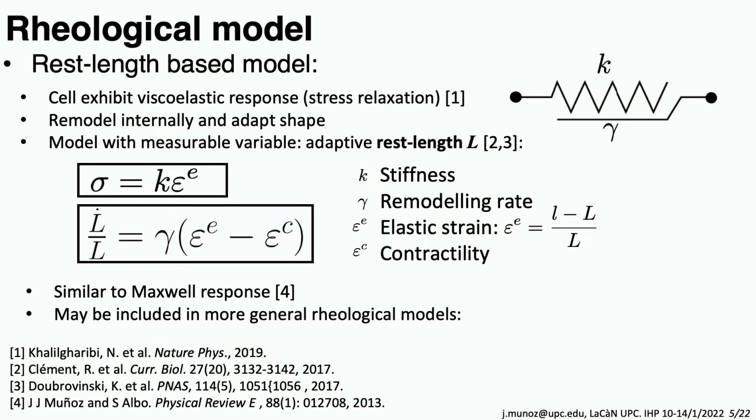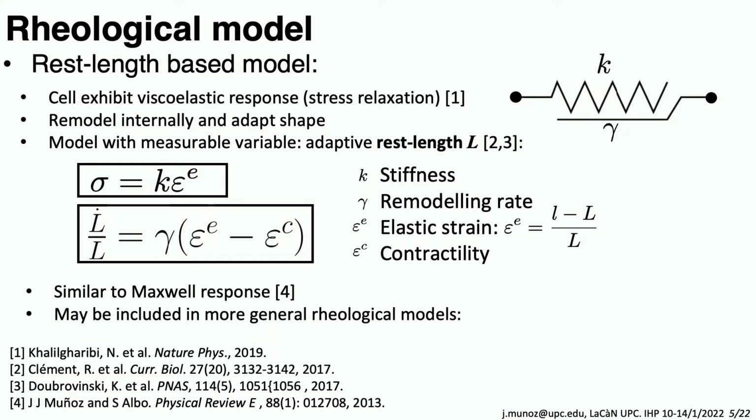So it's something measurable, and the rest length, when you look at the progression of stress relaxation or creep in this rheological model, is very similar to a Maxwell model. It works not with viscous or strain rates, but instead with rest length, which is something that is measurable.